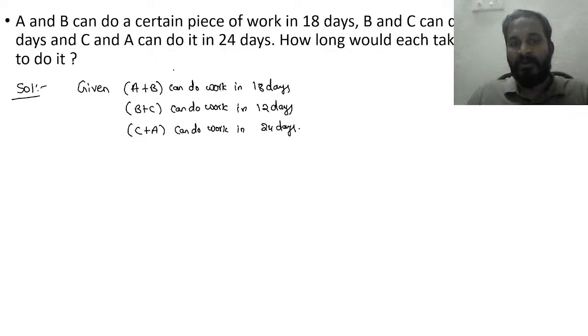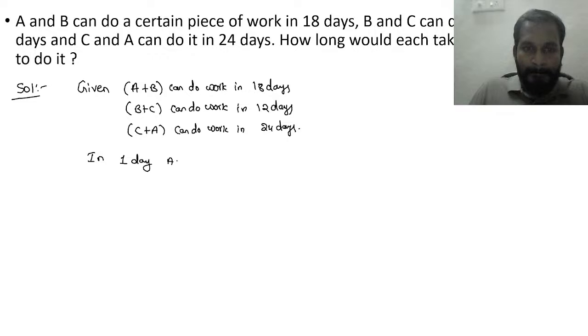So if all of them can do it in this time, then definitely our next step is to write how much work they can do in one day. In one day, A and B can do 1 by 18th of work. Why? Because the total work is 1.